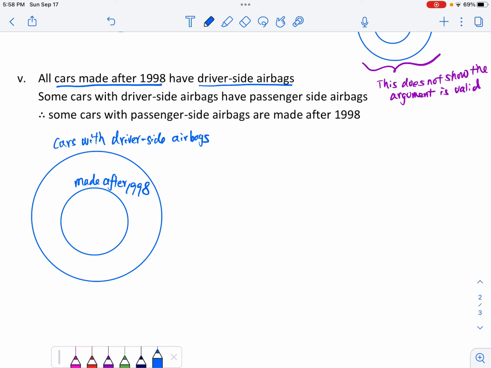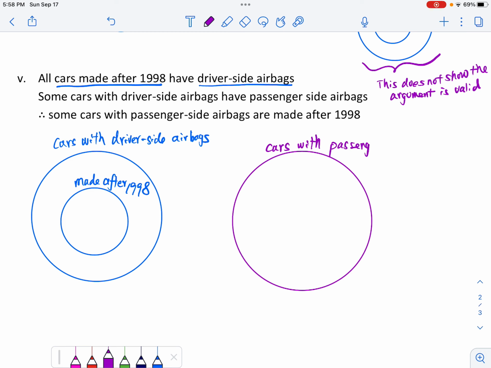So therefore I'm going to draw another circle. I will move this circle around, okay? So this circle means the cars with passenger side airbags.